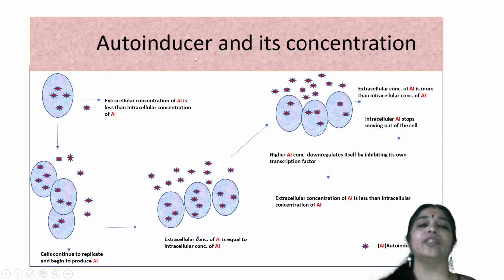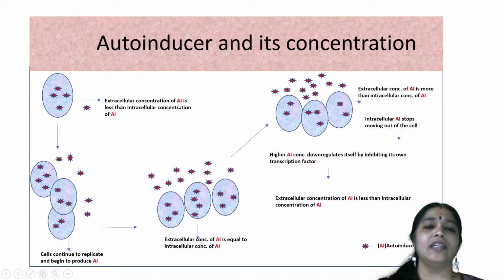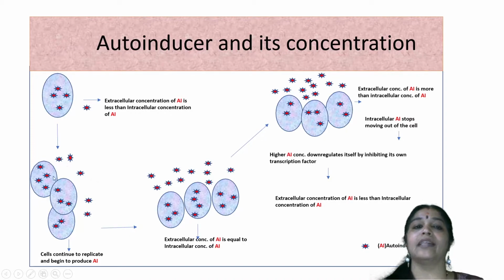Now autoinducers and their concentration. Here you can see that the extracellular concentration of autoinducer is less than the intracellular concentration of autoinducer. Now the cell continues to replicate and they begin to produce autoinducers. So every new cell that is replicated will also begin to produce autoinducer.